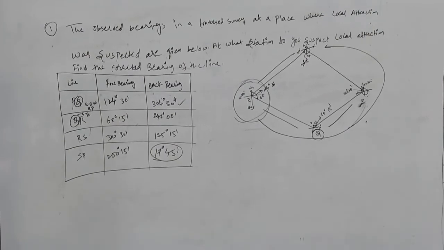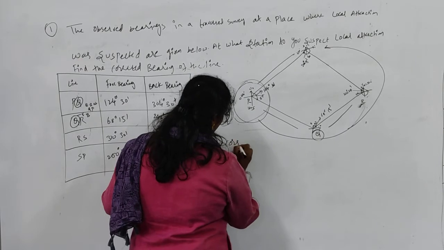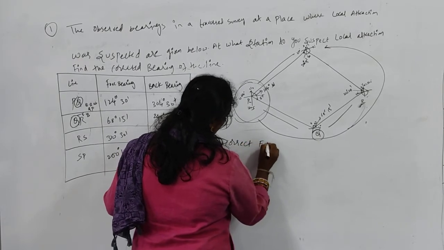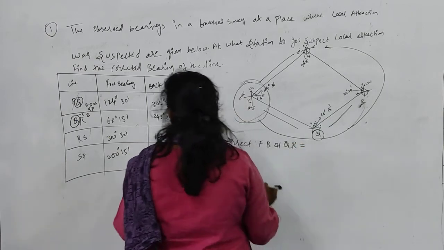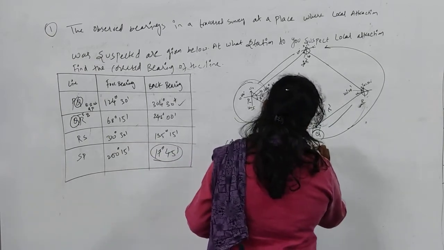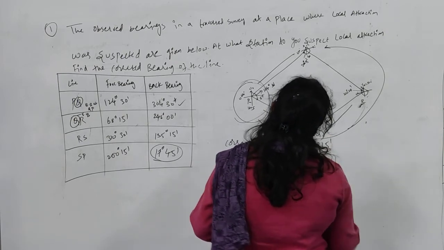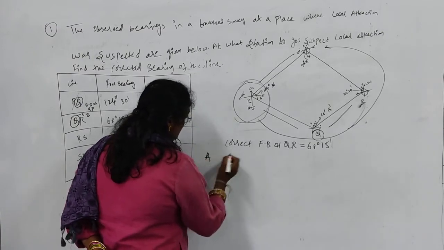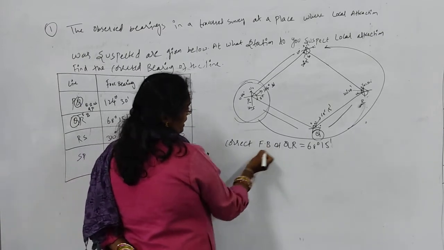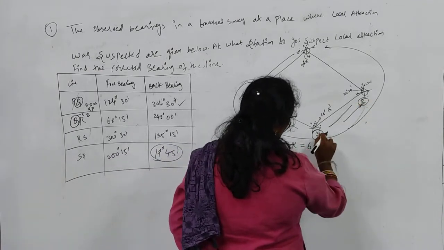So write everyone here, first one what we are taking, correct forebearing of QR equal to how much, 68 degrees 15 minutes. Here I am holding the QR point. So now we need to find out, by using the correct forebearing, the RQ. Forebearing is correct.